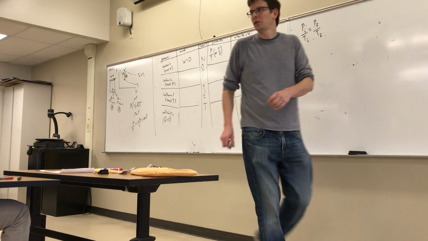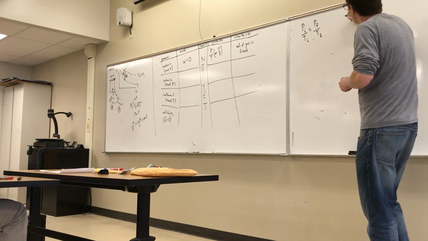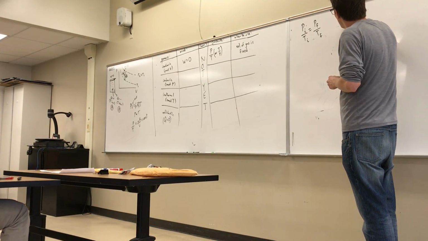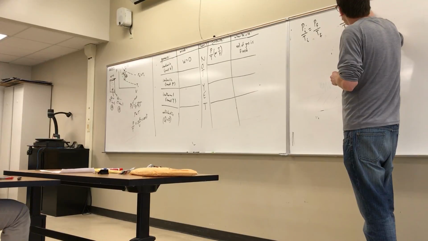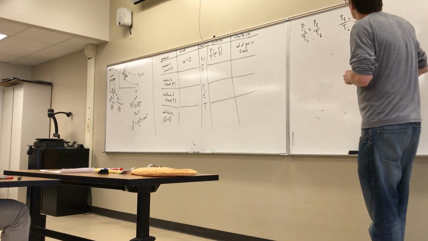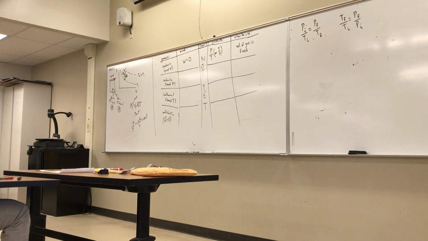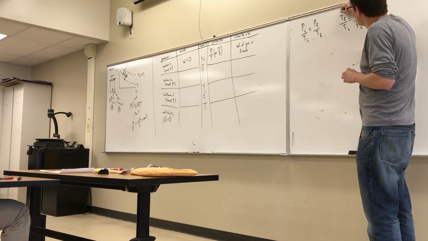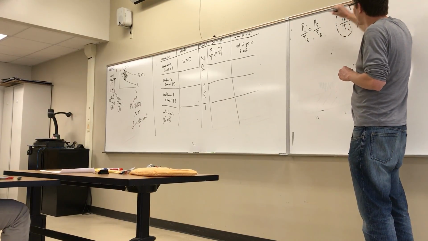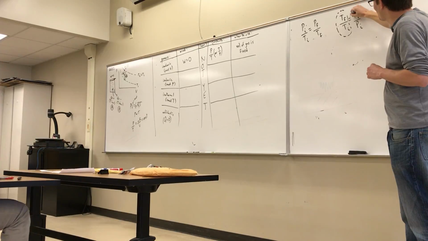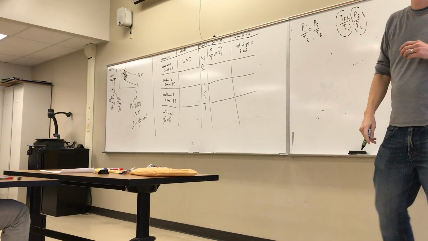Perhaps even more useful is that you rearrange this so the temperatures are on the same side and the pressures are on the same side. Now that's incredibly useful because if in an equation you have the ratio of temperatures, you can replace that with the ratio of the pressures.